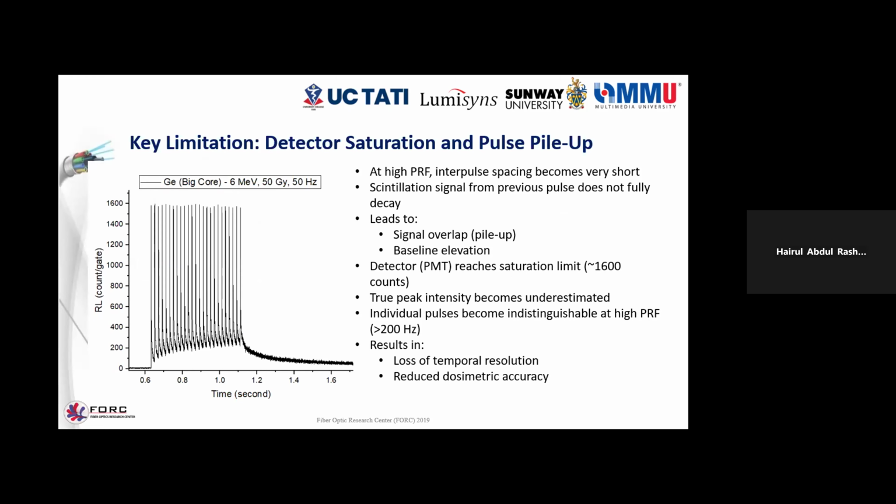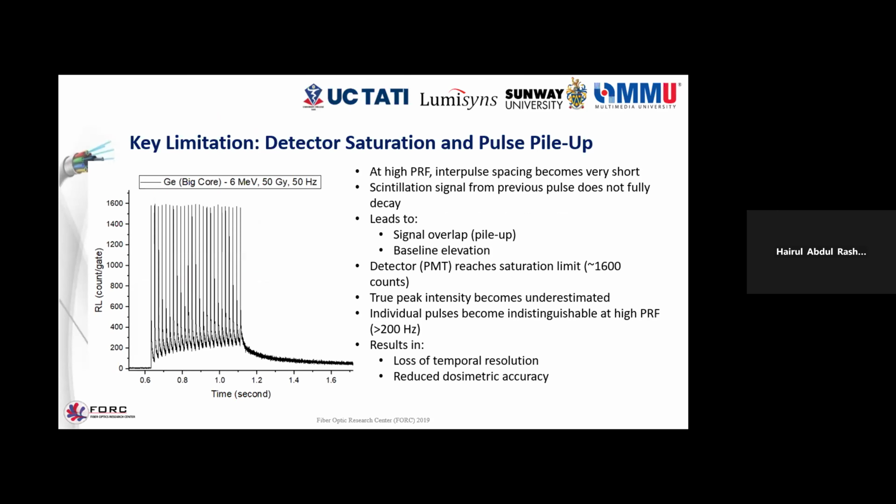One of the key limitations, as we observed by now, is that at high PRF the interpulse spacing becomes short, and the scintillation signal from the previous pulses does not fully decay, leading to signal overlap or pulse pile-up, and the baseline starts to elevate.